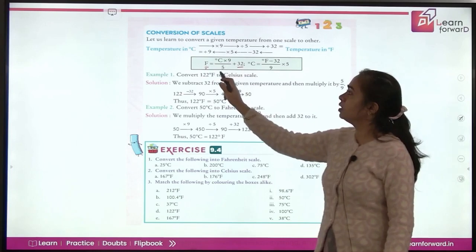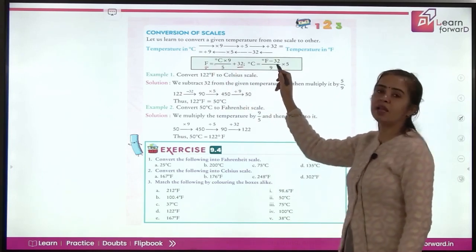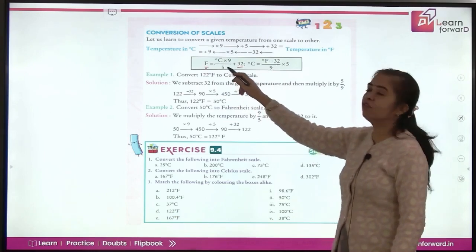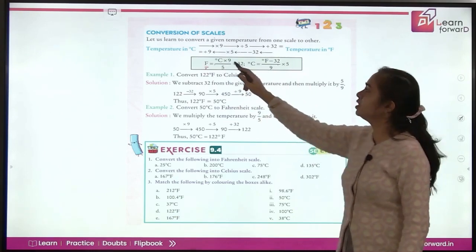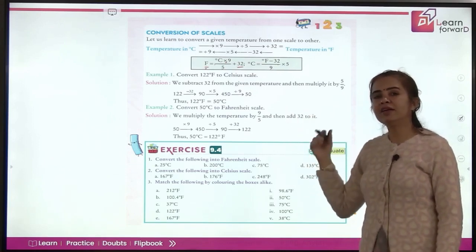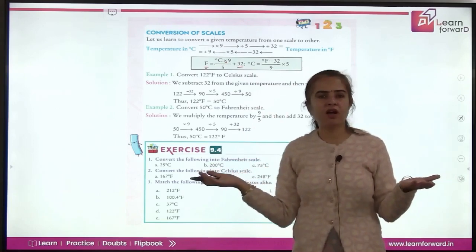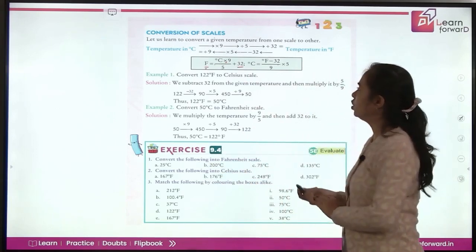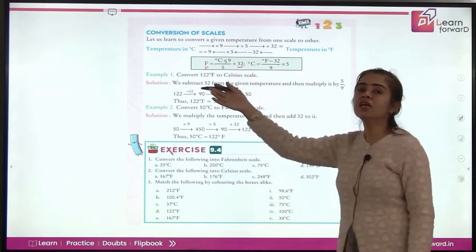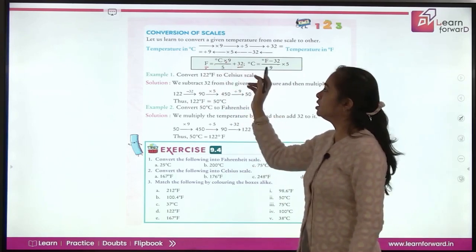So you take 32 there on the other side. Plus becomes minus. So we have F minus 32. Now this 5 from division goes into multiplication and this multiplied by 9 goes into division. So you get it that way. Okay. So you can learn any one, or if you feel comfortable, just learn both of them. Your choice.